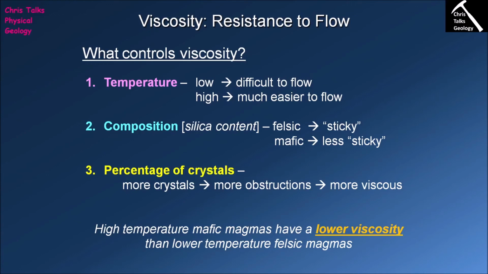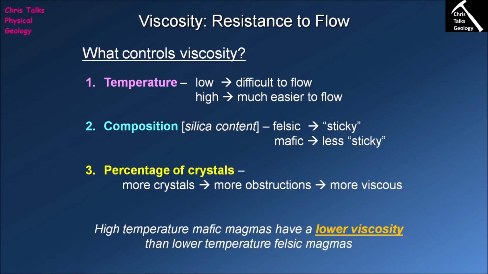So the final factor that affects how easily a magma moves is the percentage of crystals. Typically, the more crystals you have, the more obstructions that will cause, and therefore the more difficult it is for your liquid to flow. So this also comes back to temperature to some degree.